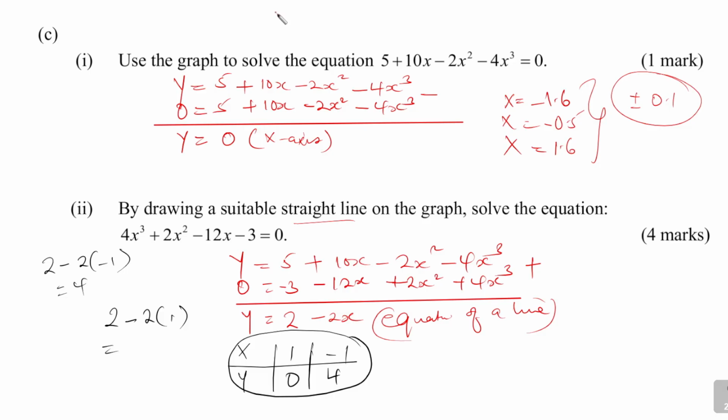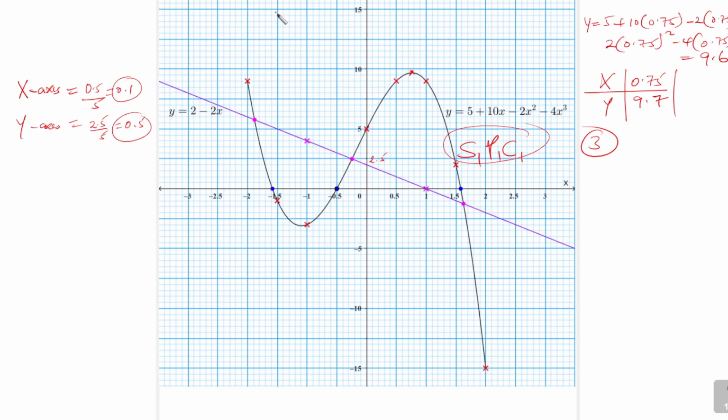And then we need to see where that straight line intersects with this curve. It intersects with the curve at this point. There is the first one, the second one, and the third one here. So what you do is read the x coordinates of the points of intersection. The first point is this.